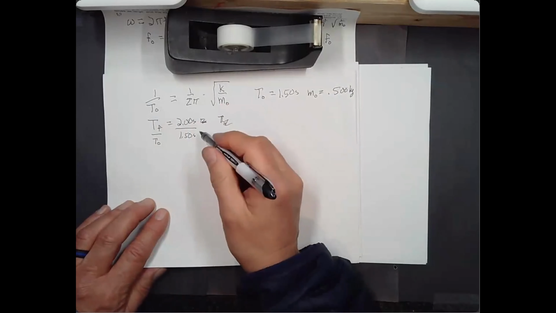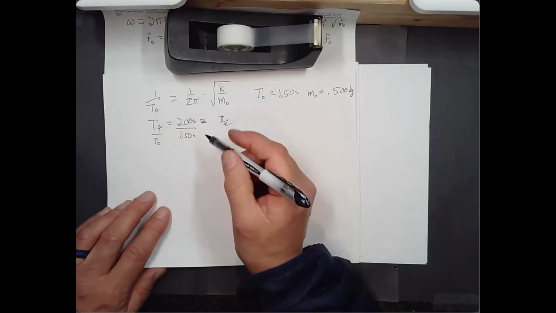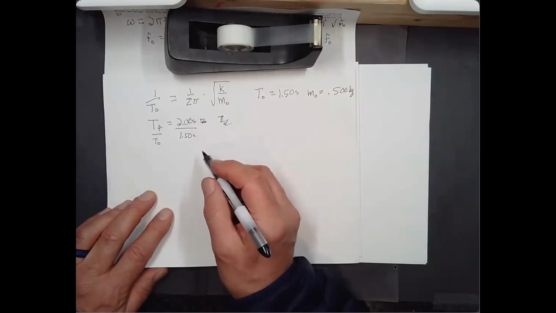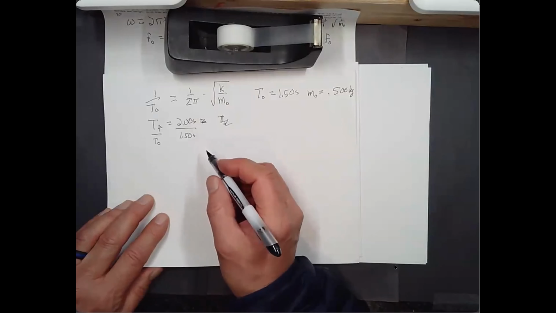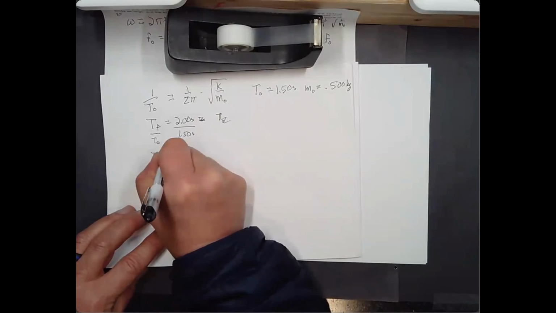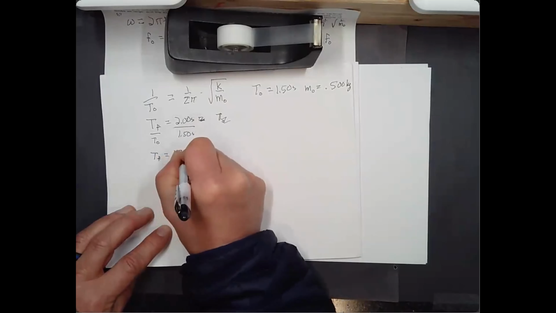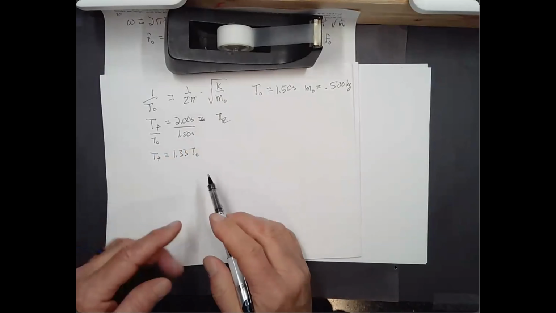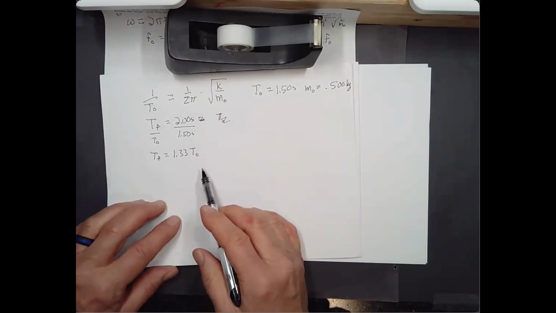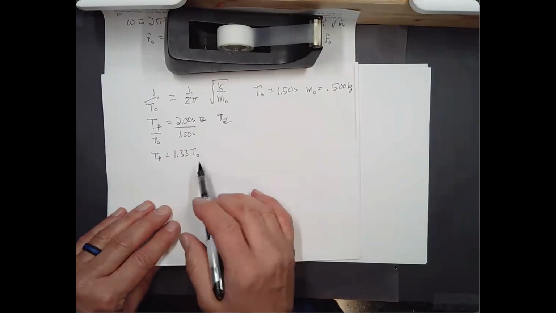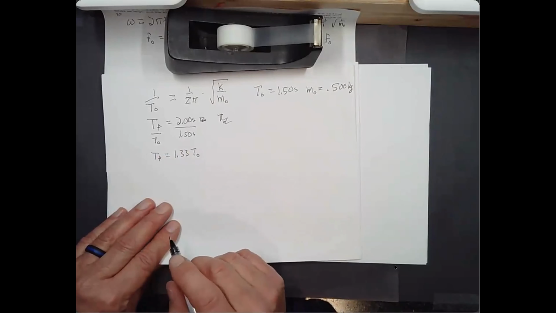And that ratio happens to be 4/3, which can be written as 1.33. So T final is equal to 1.33 T naught. I wrote it as 4/3 when I solved this, and then remembered I had 3 significant figures on that. We can just go with that.